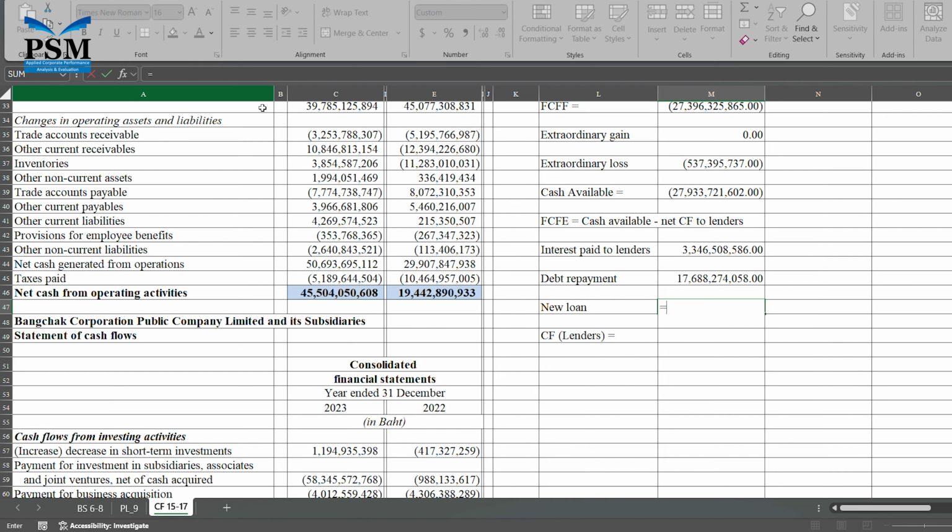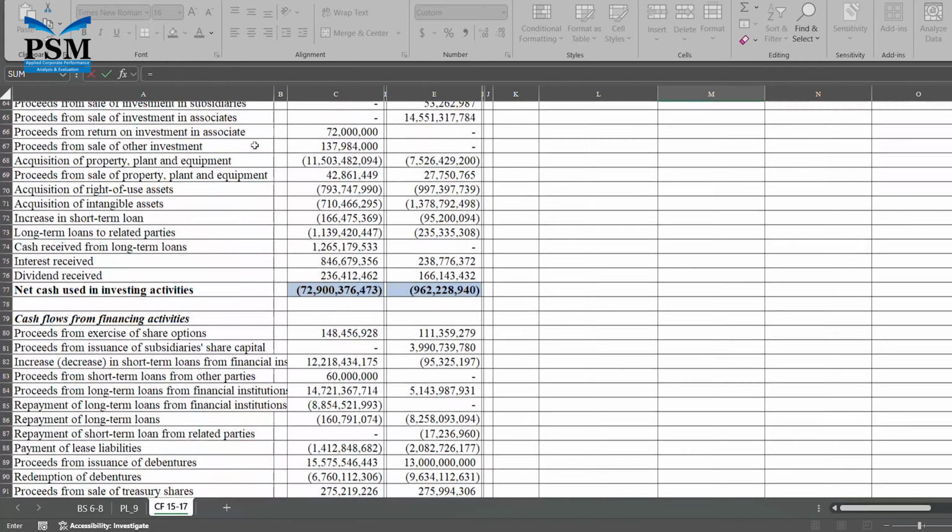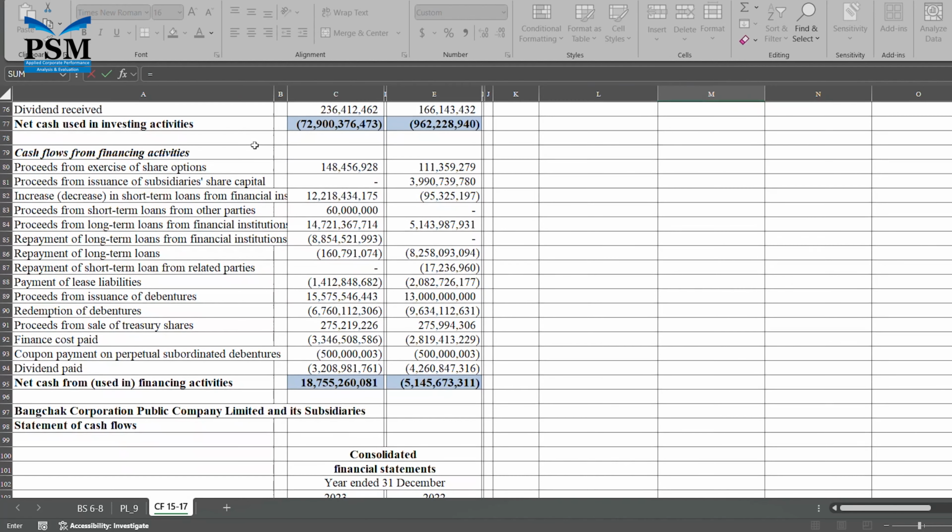We say equal. Again, we go to the financing activities section. We take the number. Only now we select positive numbers that come with the loan. The first item is row number 92, plus proceeds from short-term loan, row number 83, plus proceeds from long-term loan, plus debentures, that's row 89.